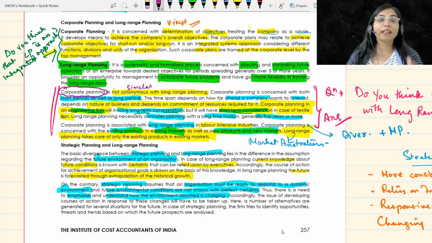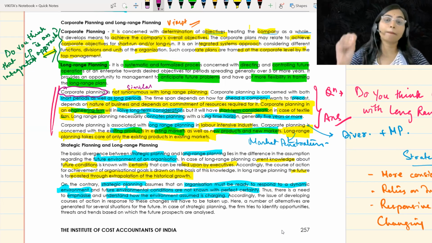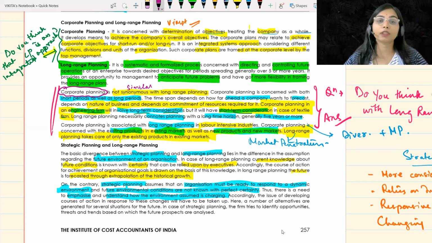Because corporate planning concerns a longer period, but long range planning purely focuses on the futuristic, long run period only. Then you write that the time span of corporate planning depends on how far a company wants to forecast, depending upon the overall objectives of the company.